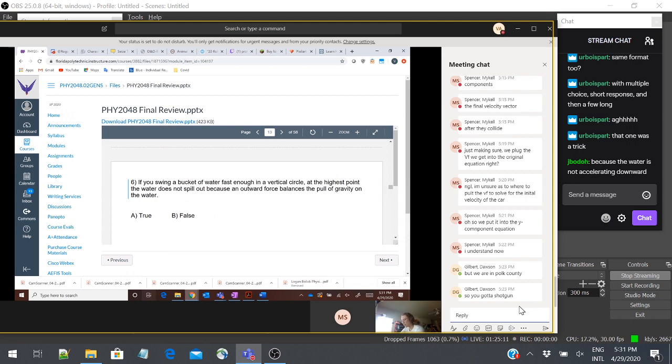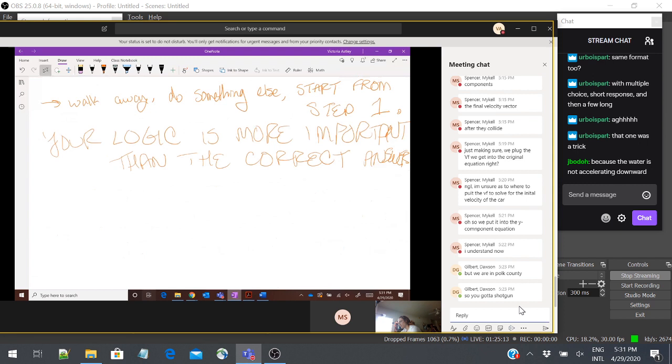So if you have things spinning in a circle, right? Well, you have like a water bucket, right? At the top of its path, I drew it badly. So water.